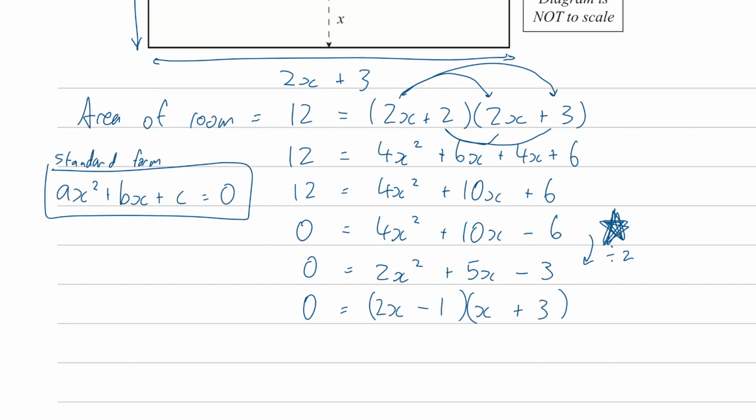So it could be minus 1 and plus 3, or it could be plus 1 and minus 3. You'll just need to try both and see which one works. In this case, if we expand that out, that works. So we've factorized it. But when you get to this step, just check by expanding it out.